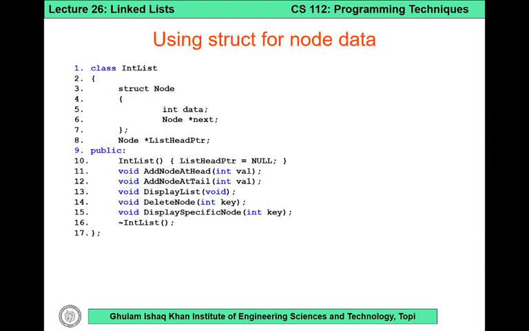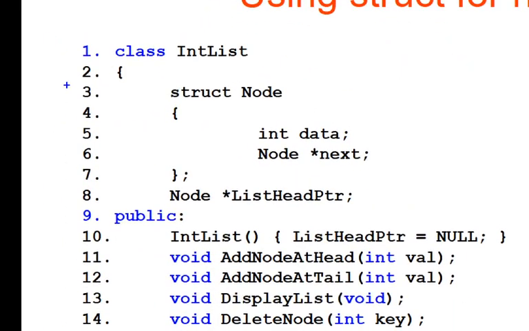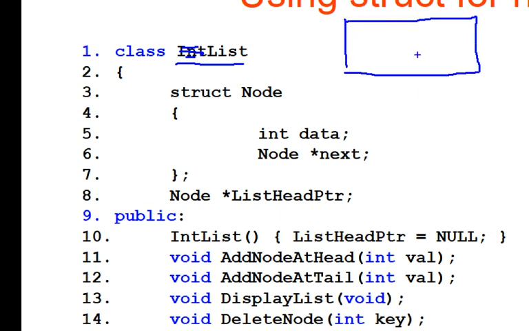Right. Now, if you see here, we have created a class. The name of the class is int list. You can name it simply list as well, but since in this class, the nodes of the linked list which we are going to create, the data field of these nodes will contain integer numbers.